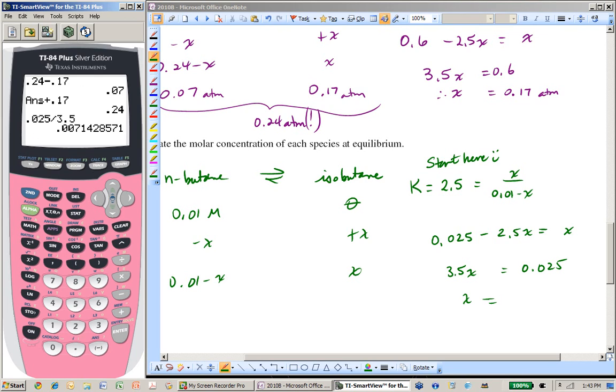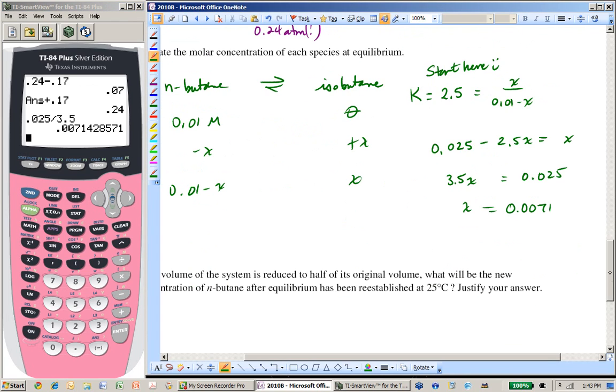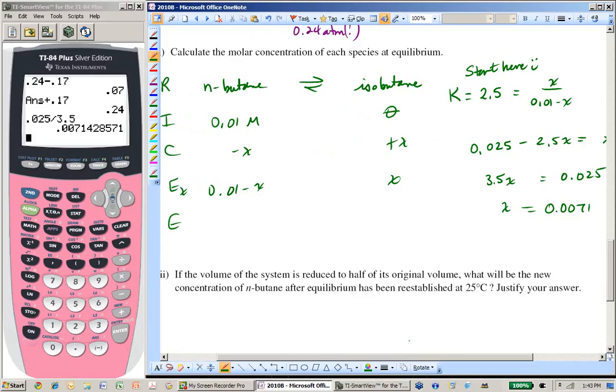And that is 0.007. I wonder if sometimes they do that on purpose. Bond, James Bond. All right, 0.0071 to have two sig figs. And so let's use those properly.